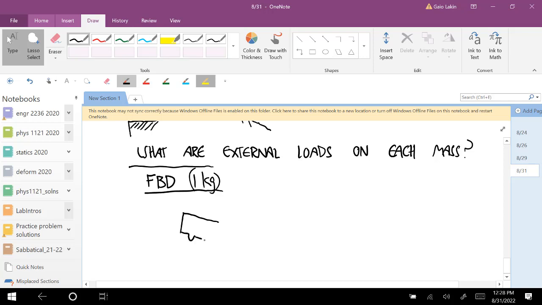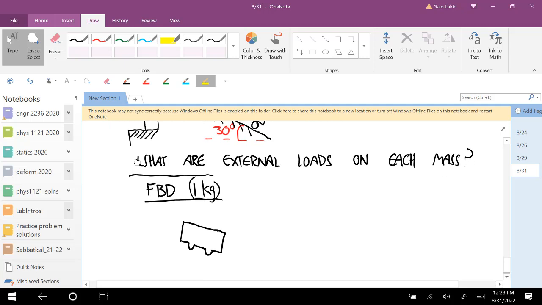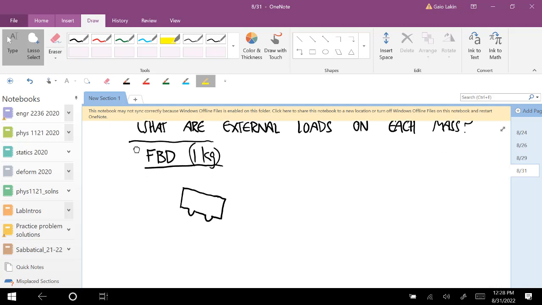Okay, so here's the 1 kilogram mass. Oh, I didn't give the angle. We need an angle for this. So let's say this is 30 degrees. Okay, we have a weight force of 1 times 9.81.